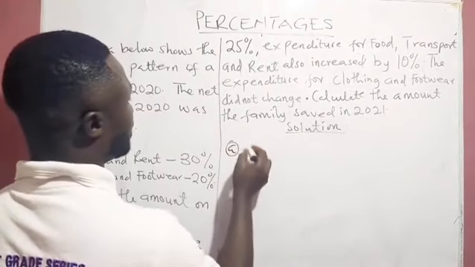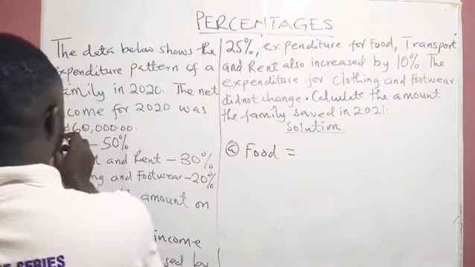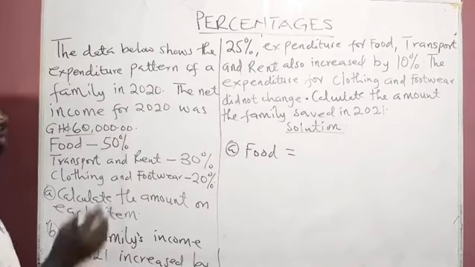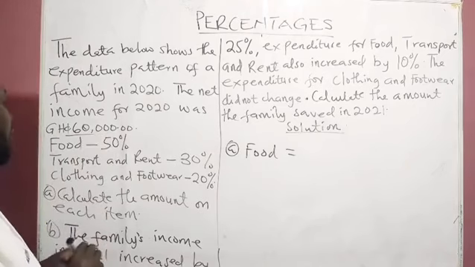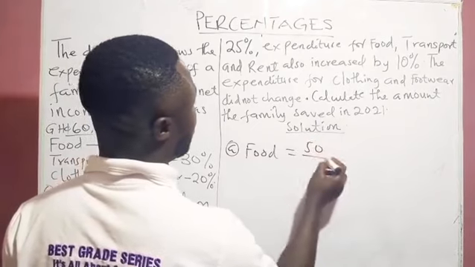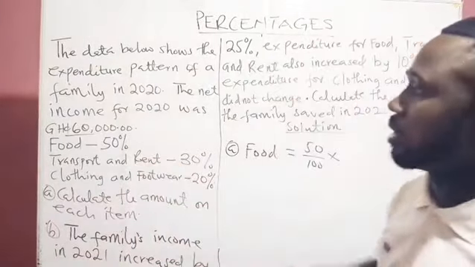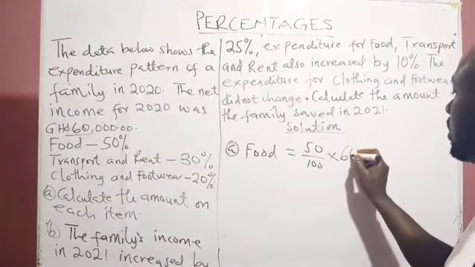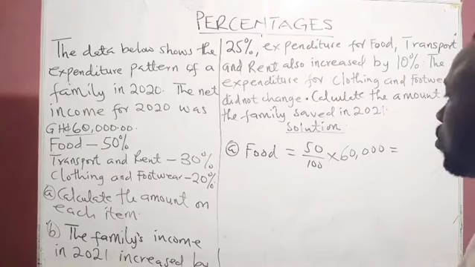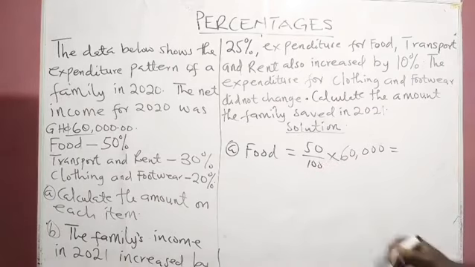Okay, so food is 50%. We know that the total income is 60,000. So if they spend 50% on food, then food will be 50 over 100 times the total income, 60,000.